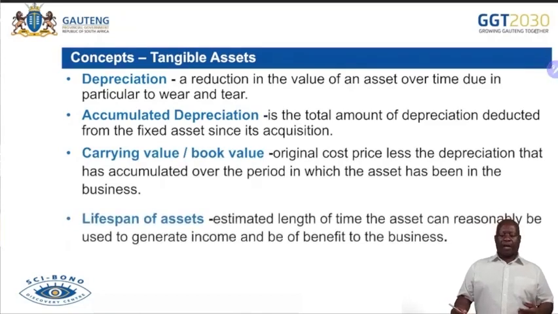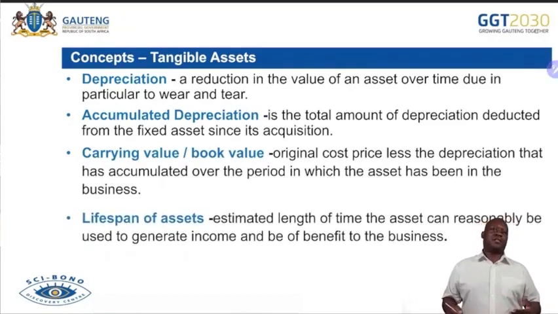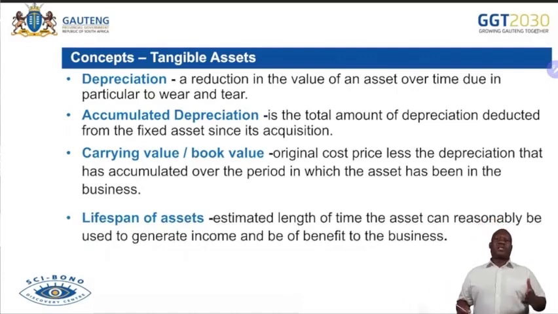asset. And then lifespan of an asset. This is the estimated length of time the asset can reasonably be used to generate income in the business. So if you are buying a car, you cannot reasonably say, I'm going to be using this car in business for 20 years. It's not possible. It has got a lifespan.